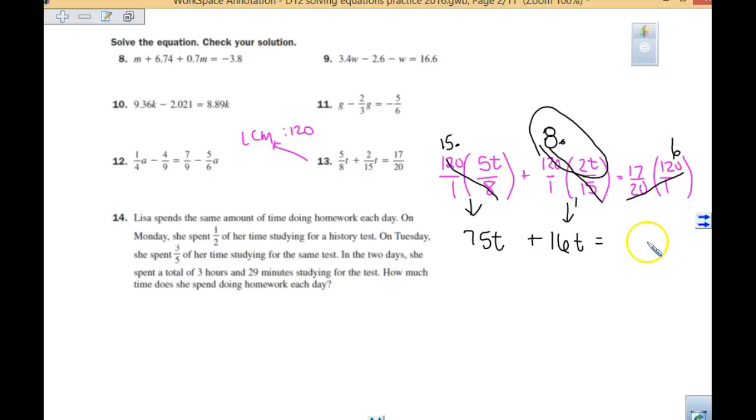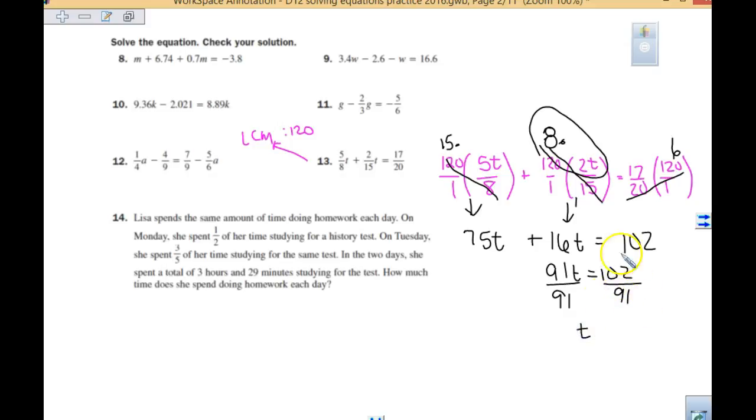When we look at this problem, oh man, that is ugly. 75 plus 16 is going to give us 91t equals 102. And I know that in the back of the book, when you're checking the answers, someone this morning thought all the answers in the back were wrong, but they're not all wrong.